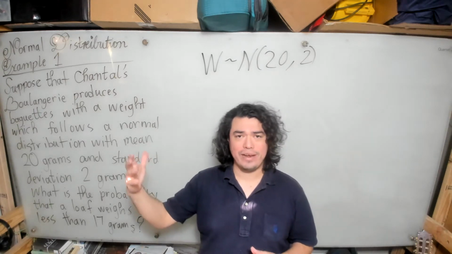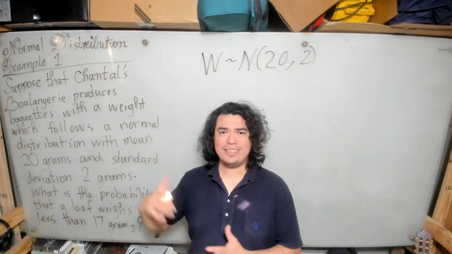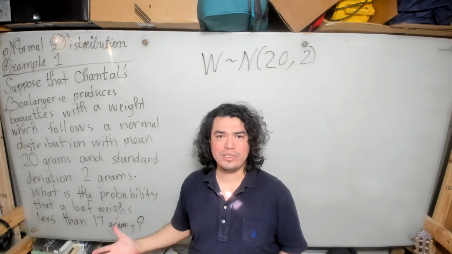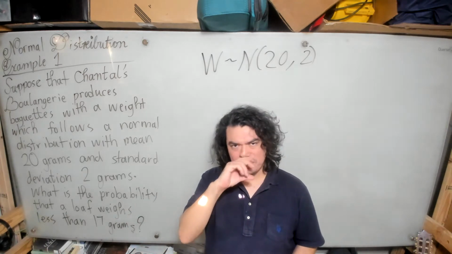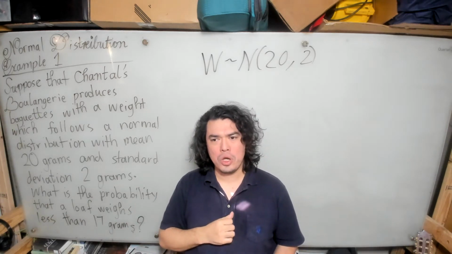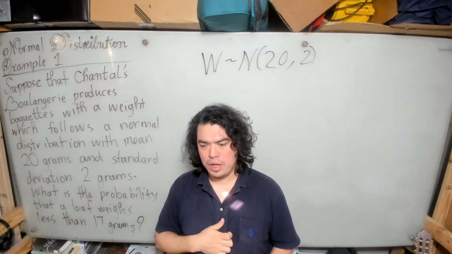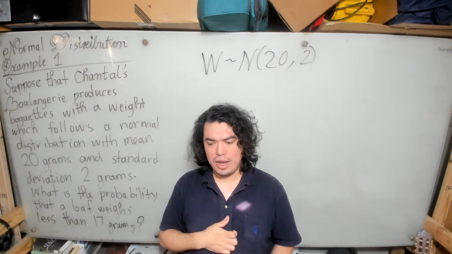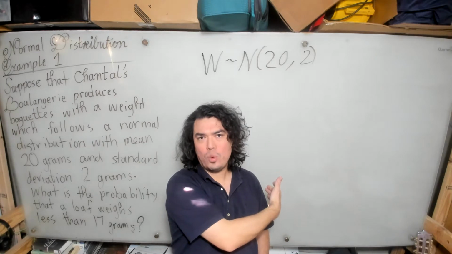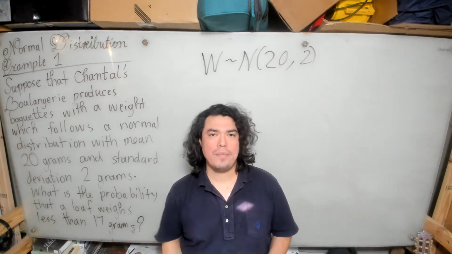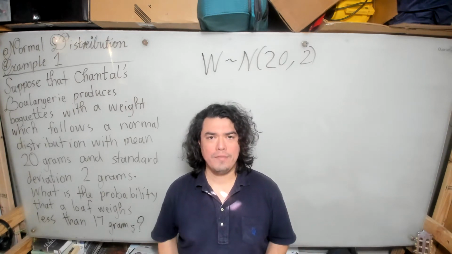So when you buy a bag of, let's say, brand X of potato chips at the store, it might say 16 ounces, but maybe it's 16.01 ounces, or maybe it's 15.85 ounces. And so you can look at the weight of a baguette in the case of the example we're working on here, or the weight of chips in a bag, or lots of other measurements, to be honest, as random variables. Okay.